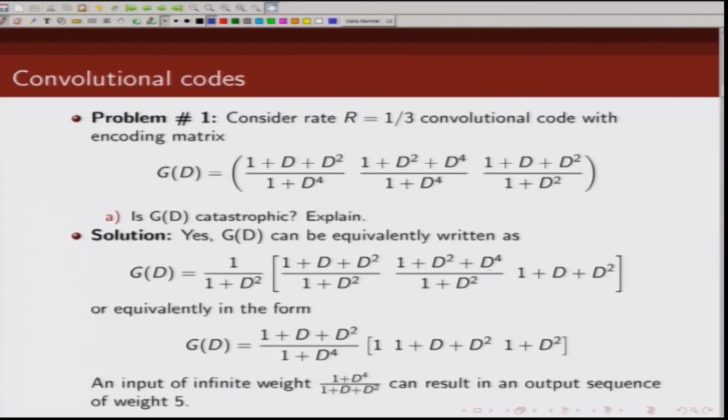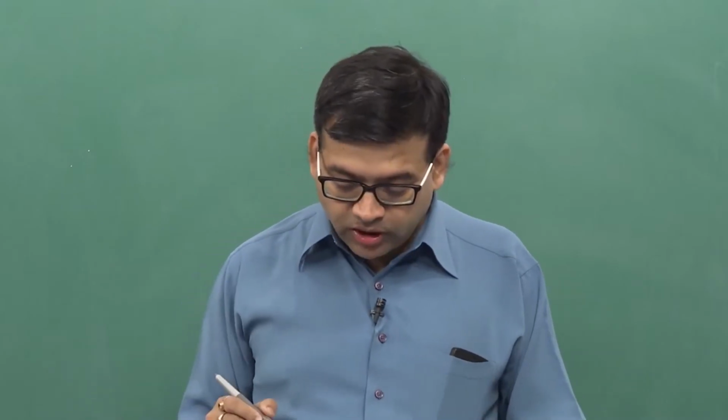This is 1 plus d square plus d4 divided by 1 plus d square, and this is 1 plus d square. Similarly, we see in the numerator there is a common term 1 plus d square. If we take that out, what we get here is 1 plus d square and 1 plus d square. Now, how do we know whether this will result in a catastrophic encoder or not?